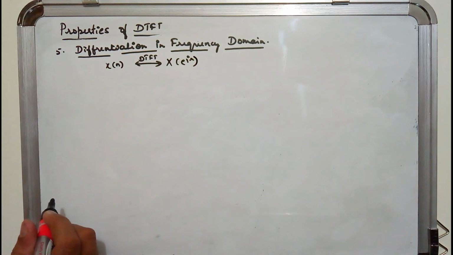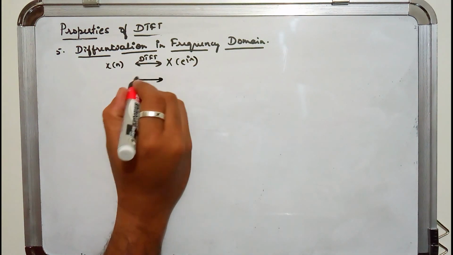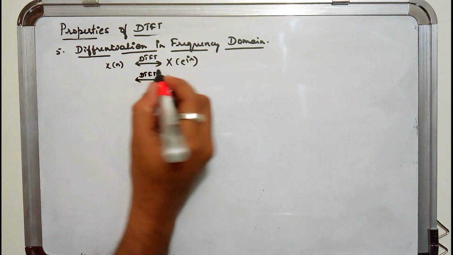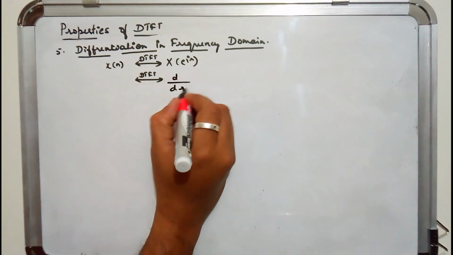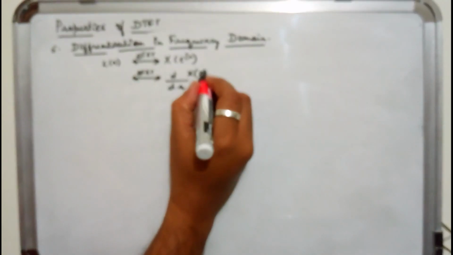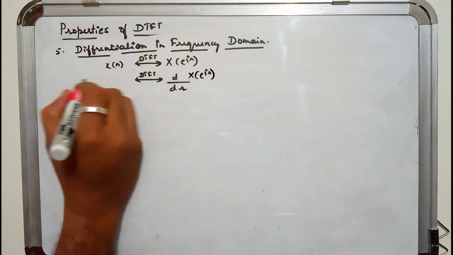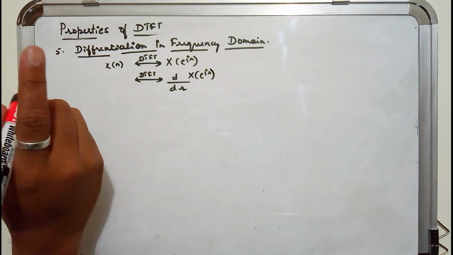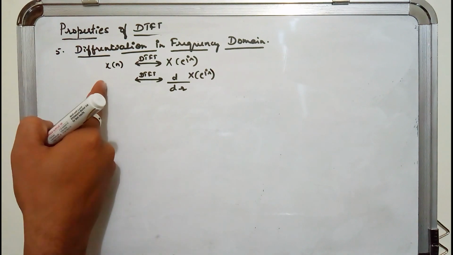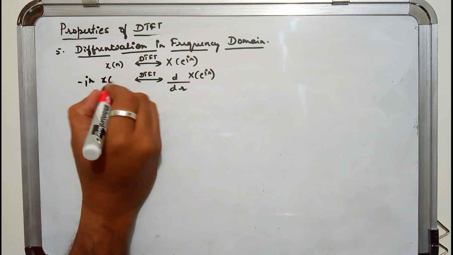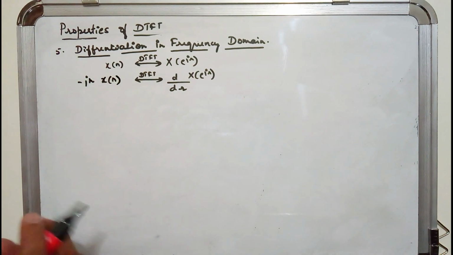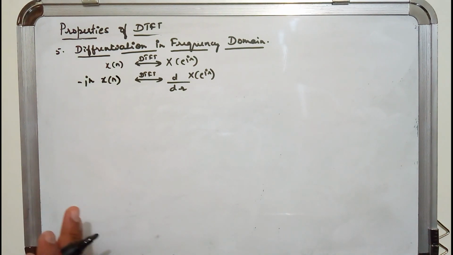Then what is the discrete time Fourier transform of d by d omega of x of e power j omega, which will be equal to, in the CTFT case it was minus jt x of t, here it will be minus jn x of n. So you can find the similarity between these.